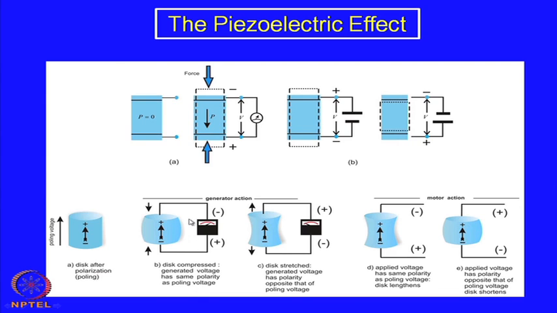Okay. So, this is how it is, because it became positive because a negative voltage was originally applied. So, the same voltage will be applied in this manner. That is how one determines the direction of the voltage generated.